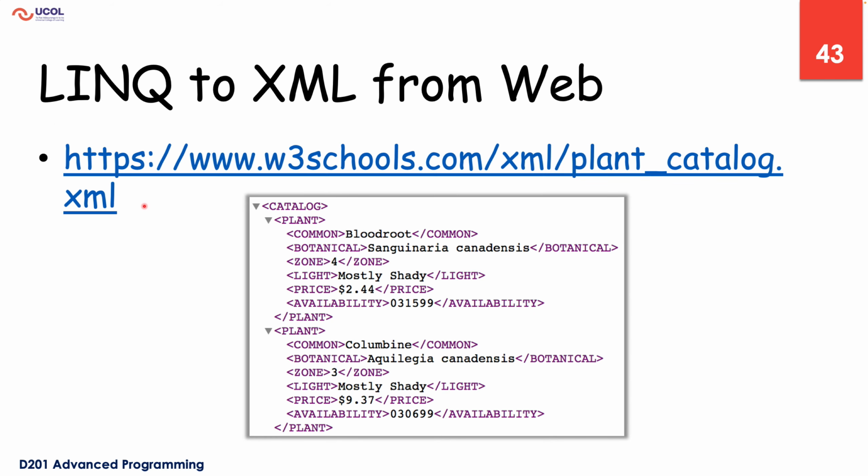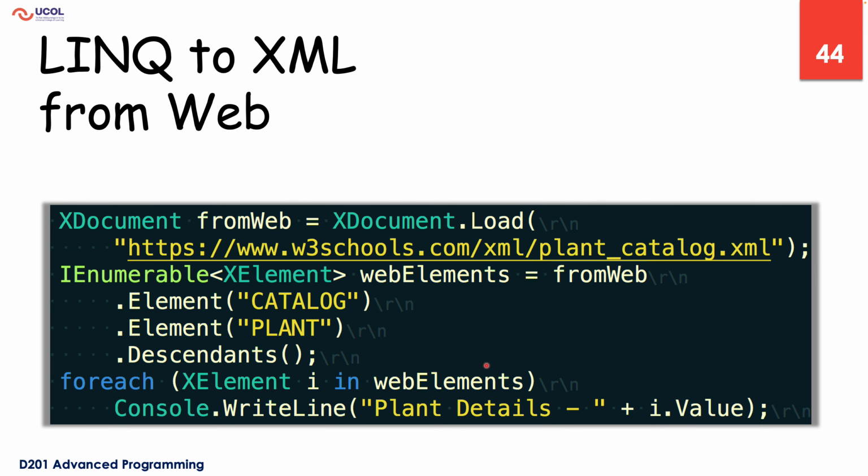We also have an XML document which is available online. We can connect with the online document and parse it. It is a sample with some information about plants: bloodroot, mostly shady, the price, the availability, and so on. This is an online document present on the web. So I can simply say XDocument fromWeb = XDocument.Load, and then we give that specific URL.